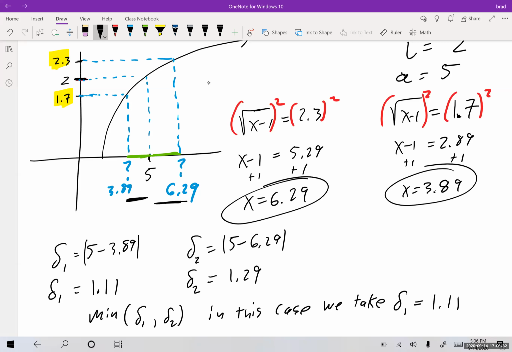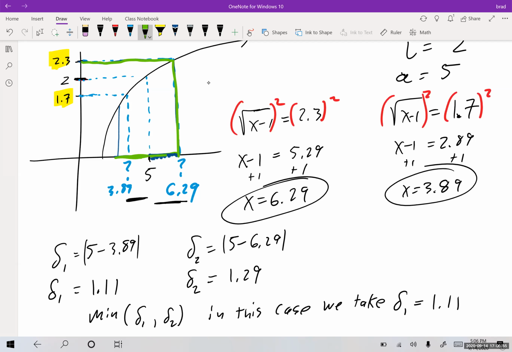Because remember, we're trying to guarantee that we're going to be within 0.3. So look here, if I go over this distance here, when I walk up and I do this distance, if I walk over this same distance, that'll be here, and I'll walk up. You know what, I should do it in a different color. This distance from here to here, I'm trying to mirror it.